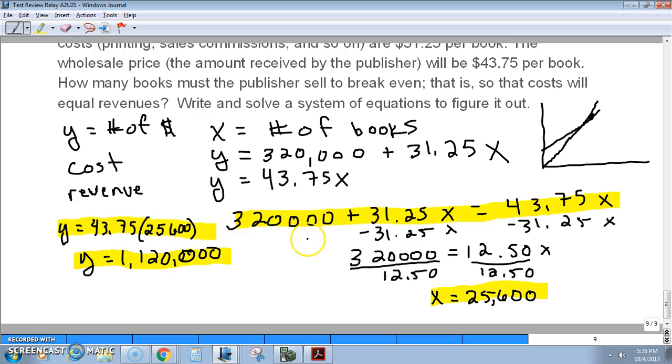And what that means is that as long as I sell 25,600 books, I will break even, and the amount of money I break even at is $1,120,000. It takes $1,120,000 in order to make 25,600 books. You break even, and then any books you sell after that, you'll start making a profit.